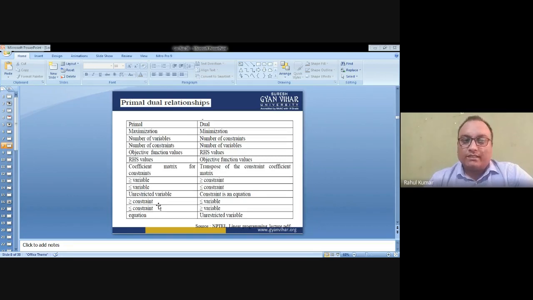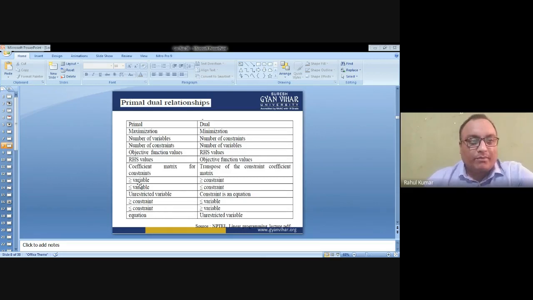And here the right hand side values are always varying, right? And the coefficient matrix for constraints. Here is the transpose of the constraint coefficient matrix, right? Here the variable is less than or equal, there the greater than or equal variable, and here the constraint is greater than or equal to constant. Here the less than or equal.